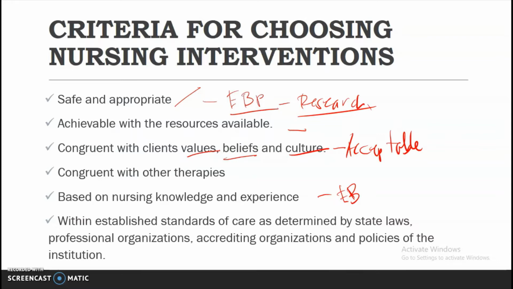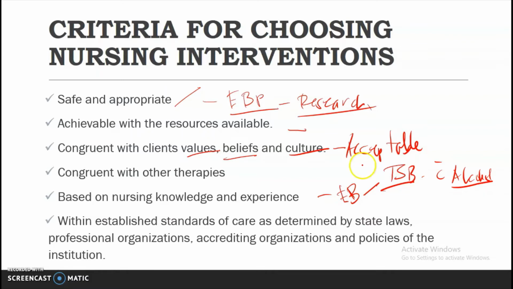Very good example lang po nito, for example, TSB. In the old days, kailangan with alcohol. Kaso nga lang, napatunayan na when you put alcohol sa tubig, it will promote dryness sa skin ng pasyente.